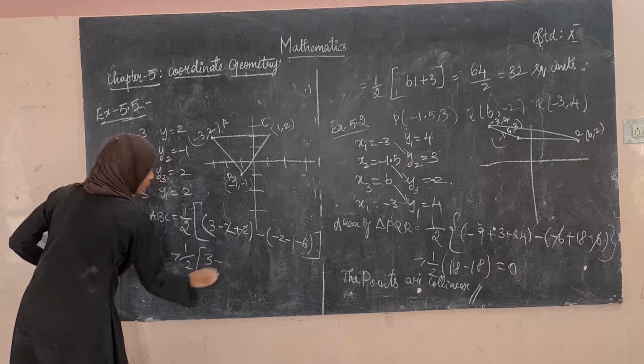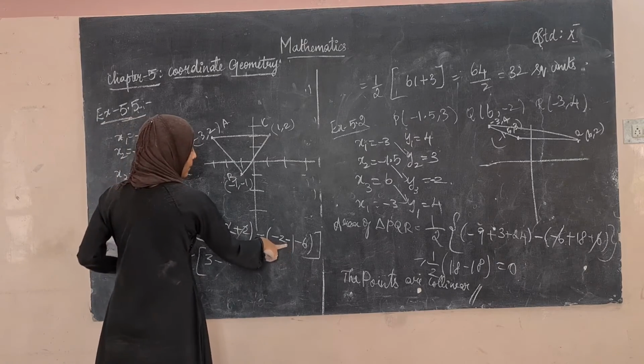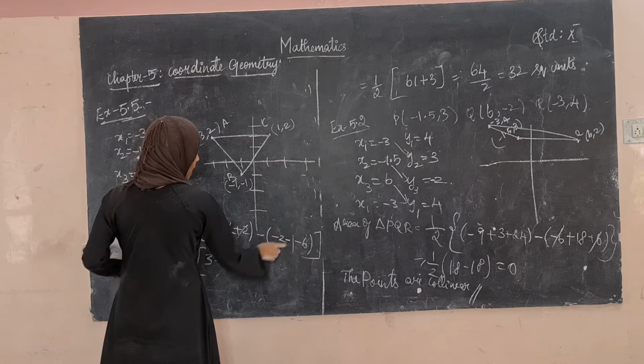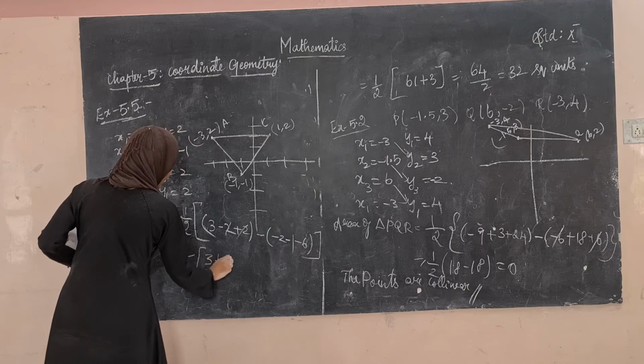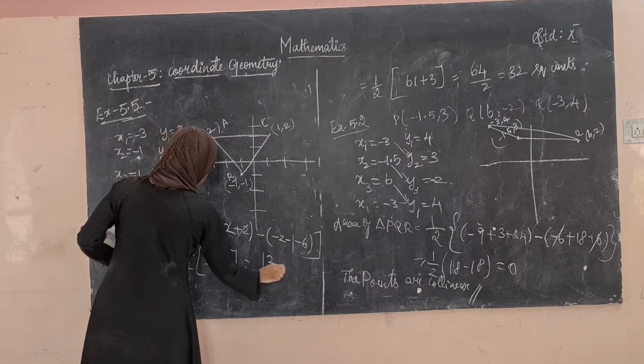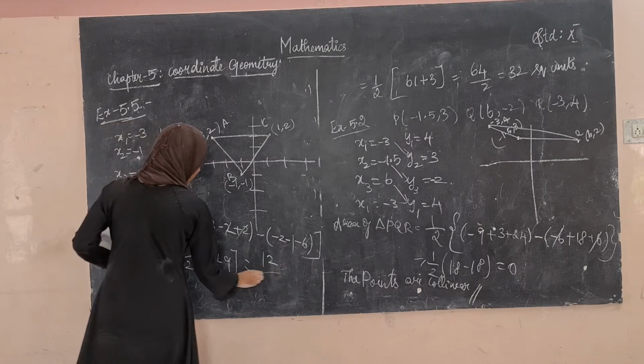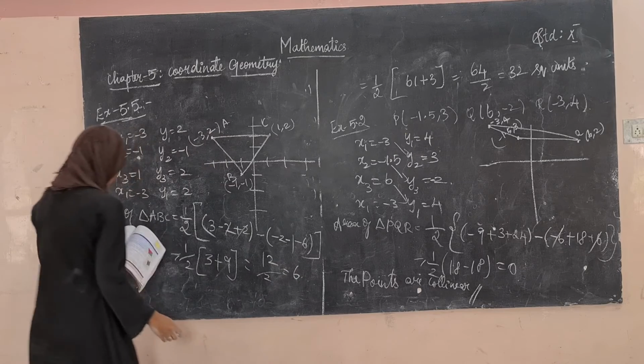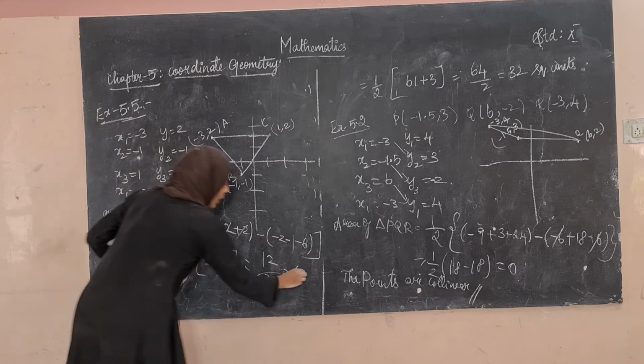So 3 minus of minus 6 minus 1 minus 2, 8, 9, minus 9. So it is plus 9. So what is the answer? 9 plus 3 is 12 divided by 2 is equal to 6. The area of the triangle is 6 square units.